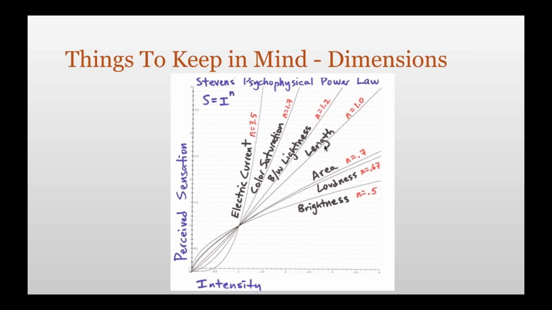On the other hand, electrical current, you probably don't want to be using that in your final projects, it's perceived as a lot greater than the actual intensity. And this also gets into things like brightness, which is not the best way to directly map your data.